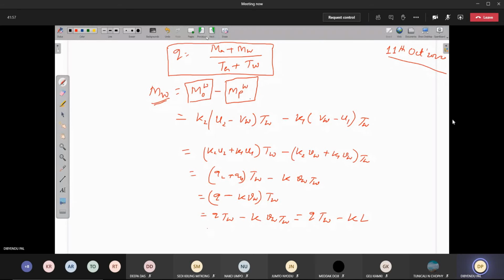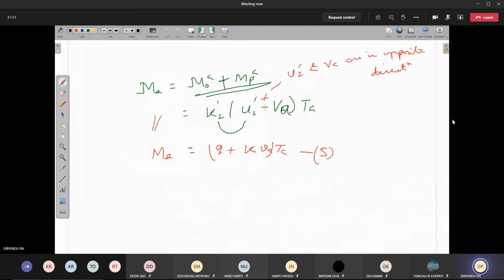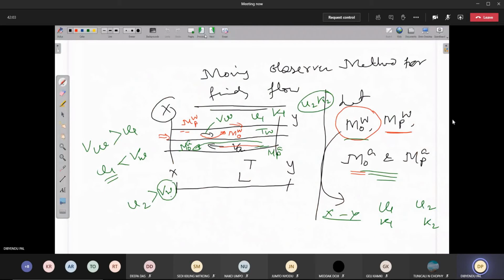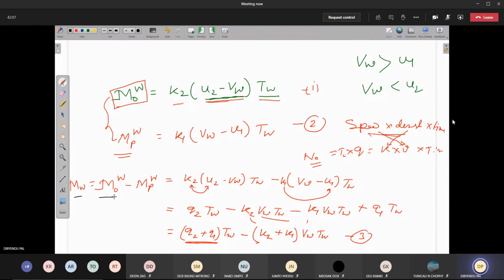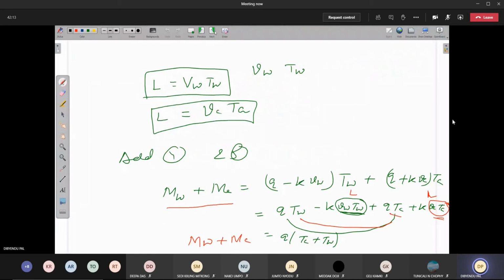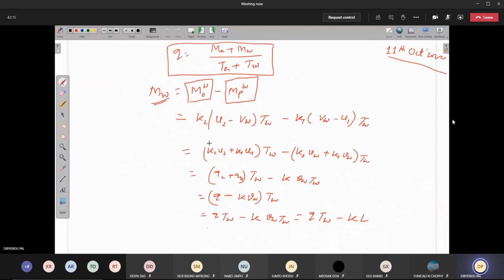If you just go back here, okay, you see here what is MW? MW is MOW minus MPW. Same thing I have written here once again.